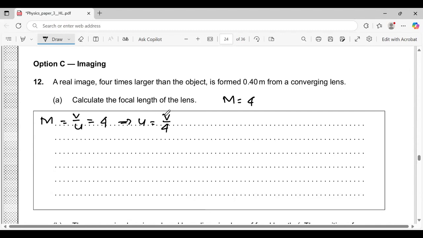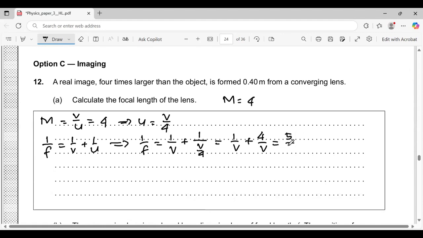And we use the lens formula, the thin lens equation: 1 over f equals 1 over v plus 1 over u. And it becomes 1 over f equals 1 over v plus 1 over v over 4. So it's going to be 1 over v plus 4 over v, so it's going to be 5 over v.